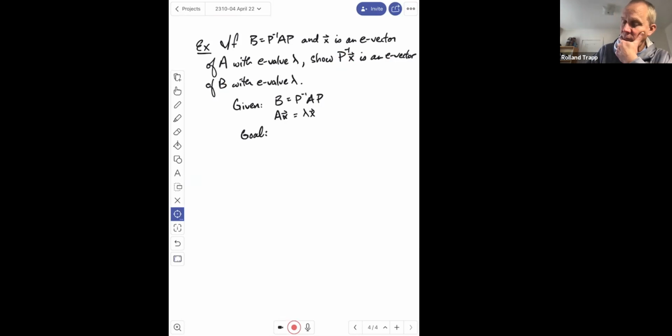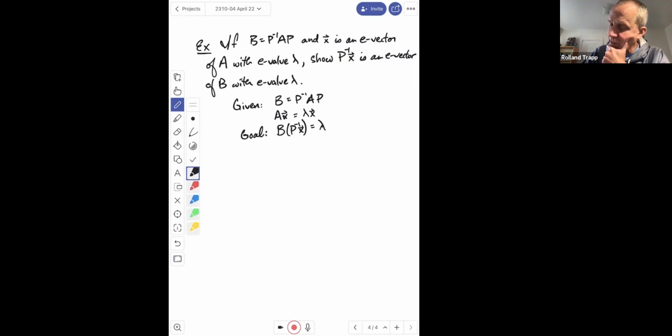Well, let's look at this example. For me to say that X is an eigenvector of A means that if I multiply X by A, I just get lambda times X. So if I say that P inverse X is an eigenvector of B, that means I know what happens if I multiply B times P inverse X. I just get lambda times it.